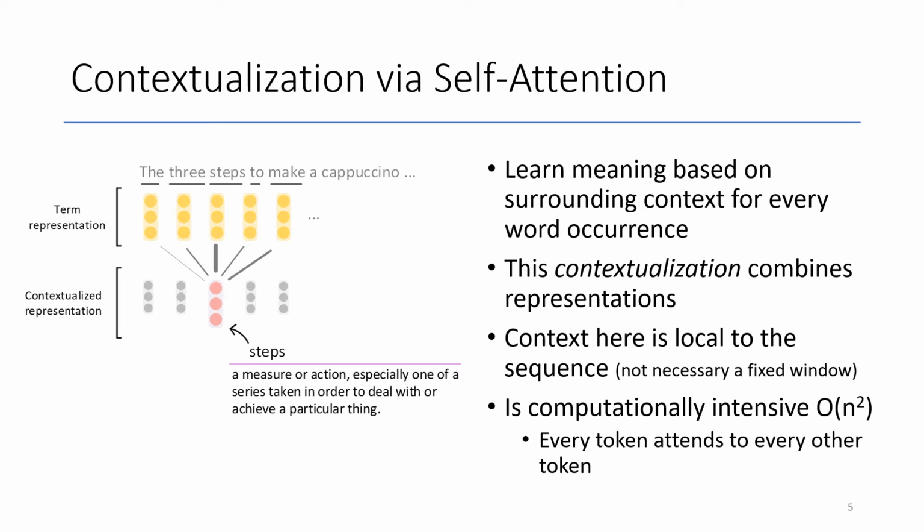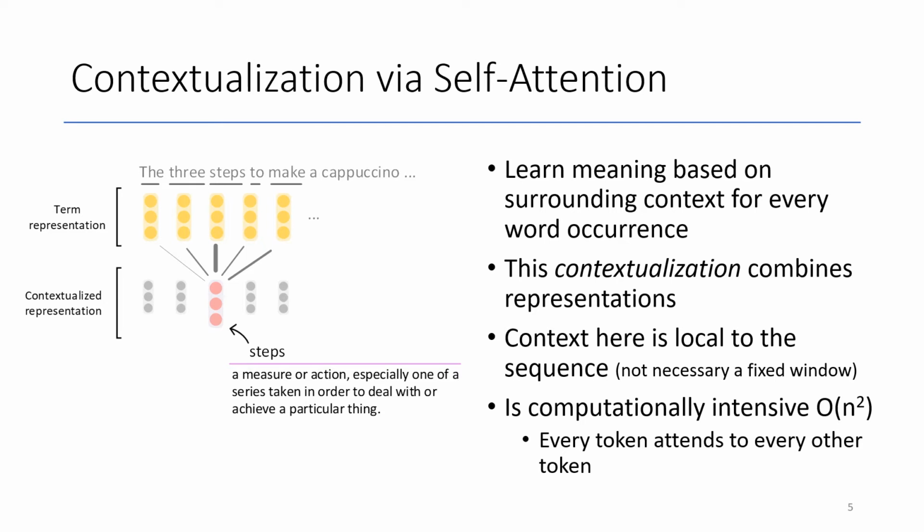Of course, this is a very simplified example, but I hope you get the general idea. Context here also means only the local sequence. So we're not looking at external knowledge bases or anything like that.